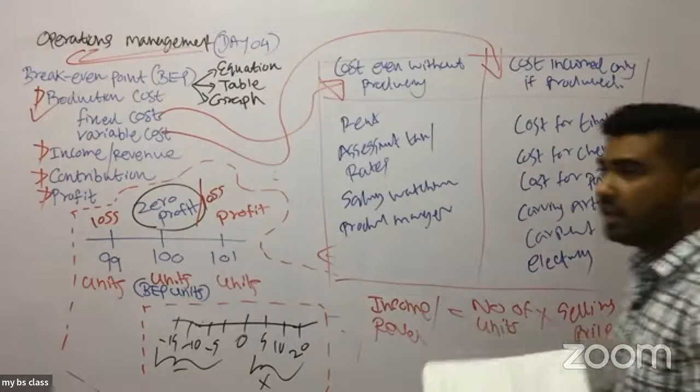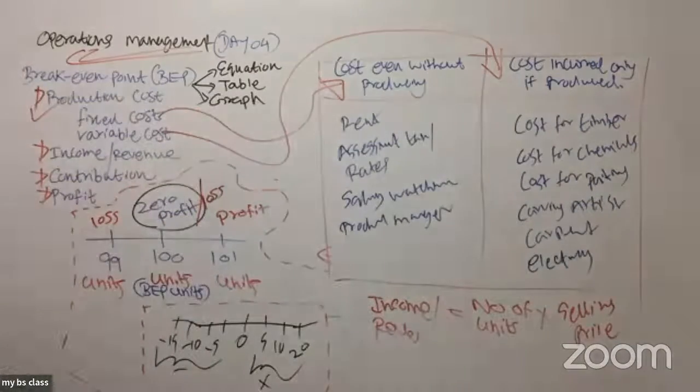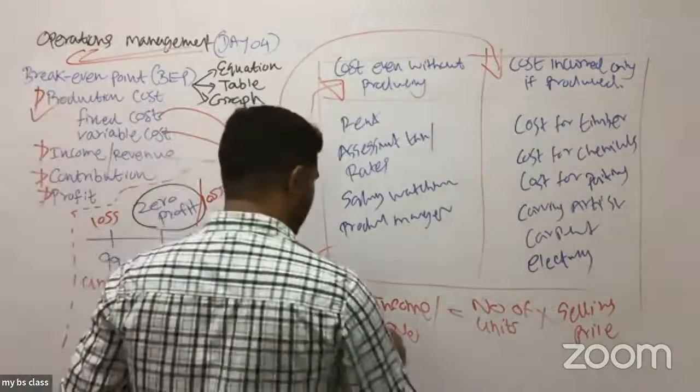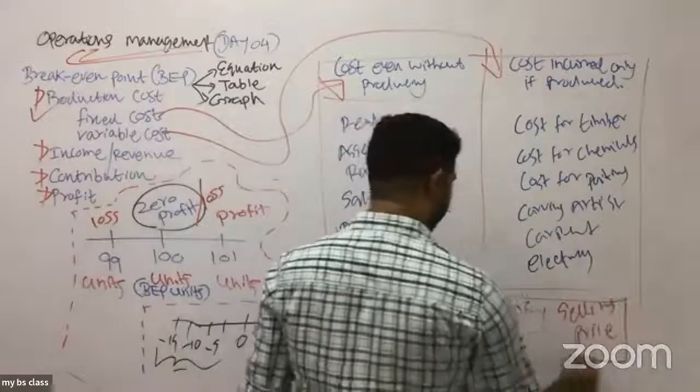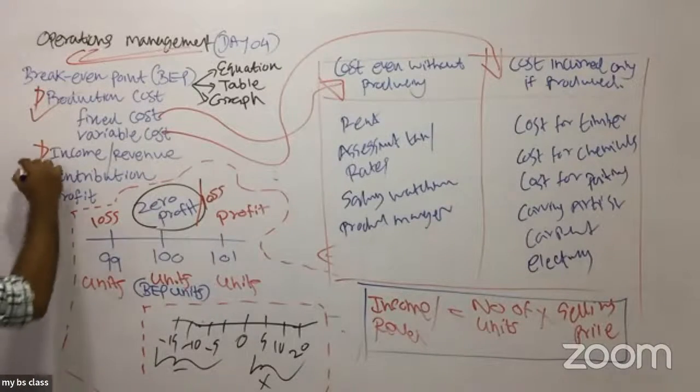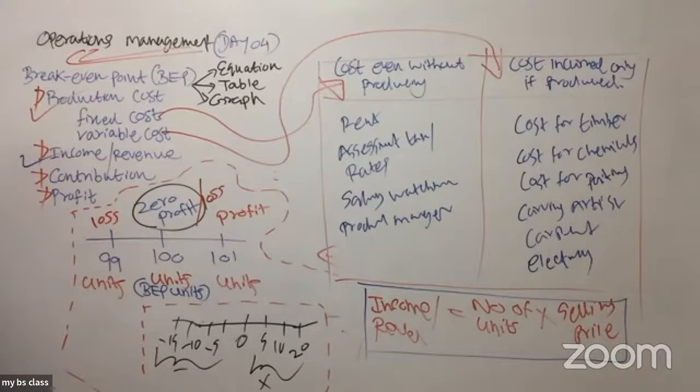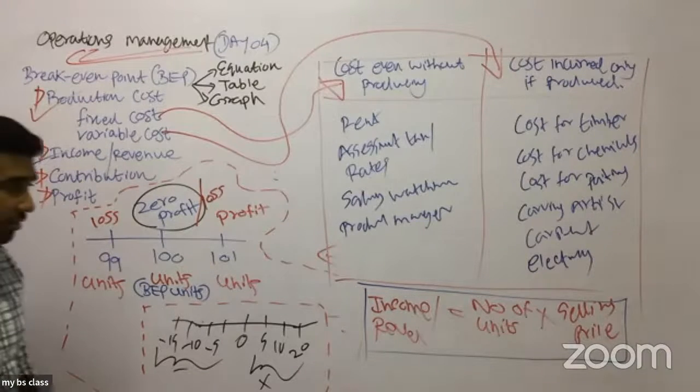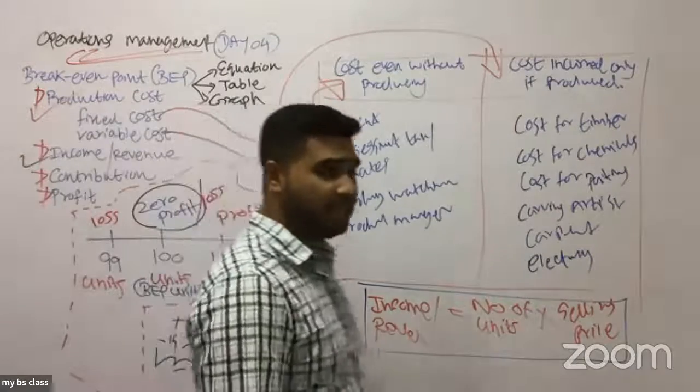So this is how we calculate revenue or income for an organization: number of units into the selling price. Right? Now you are aware of what income or revenue is.